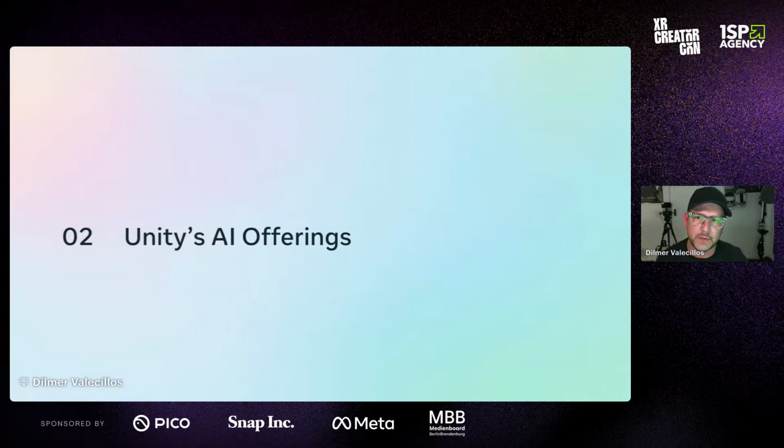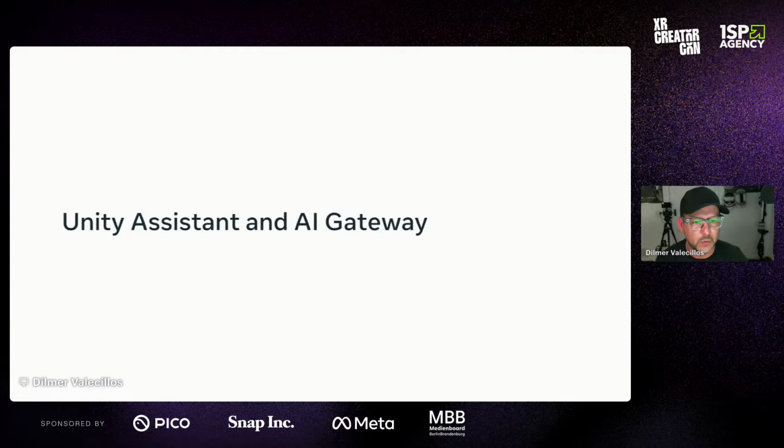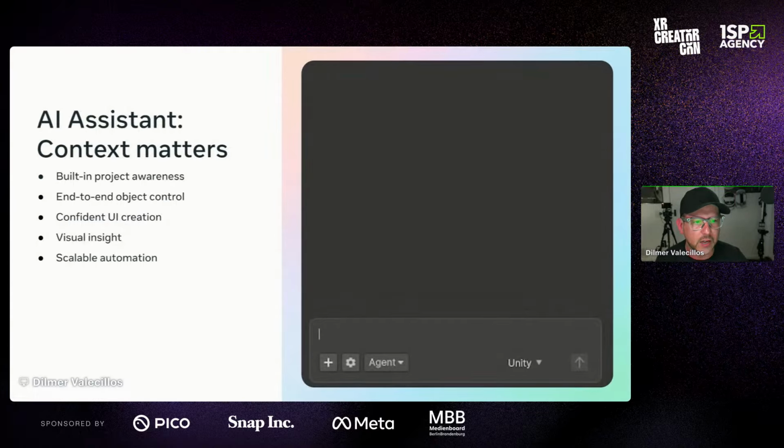And they also provide something similar that is more glued into Unity. It's more integrated. It has its own chat window. And I'll show you how that works. You can also expose different agents. So if you wanted to use Claude Code or if you wanted to use Cursor, that is also available in there. So let me just show you what the Unity Assistant and AI Gateway are.